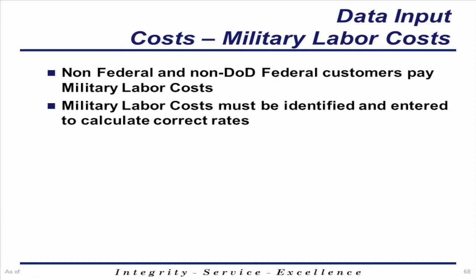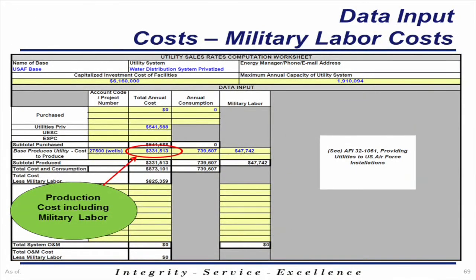DOD customers do not pay the military labor component of the utility sales rate. However, the non-federal and non-DOD federal customers do pay the military labor costs associated with providing utility service. Here's an example, Form 3556, a base produced water commodity, and it shows that the military labor was incurred in the production of the commodity.